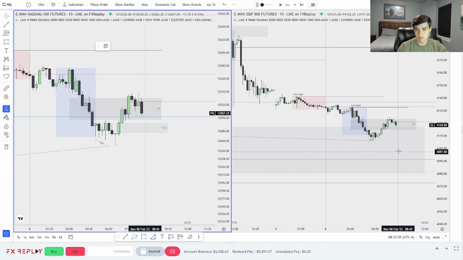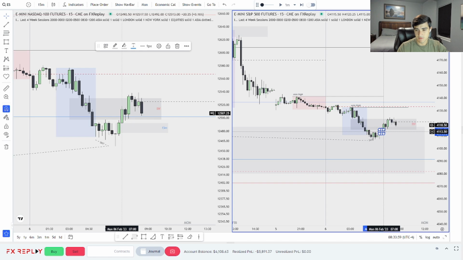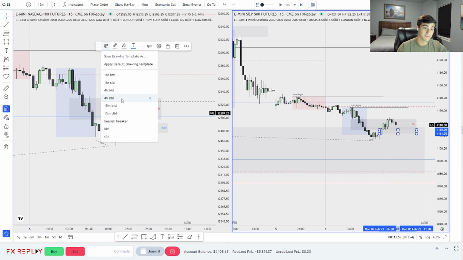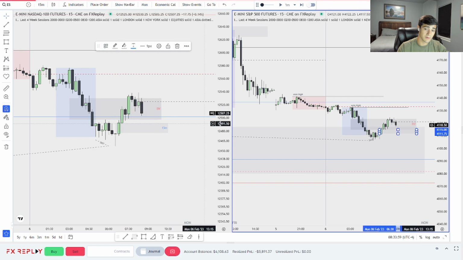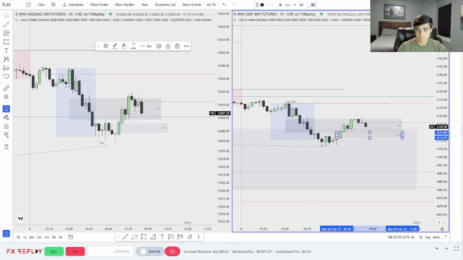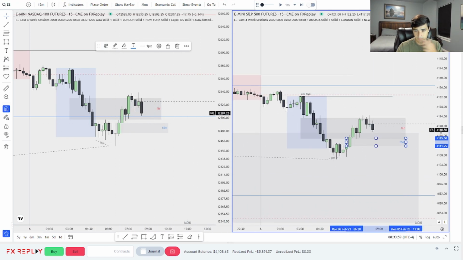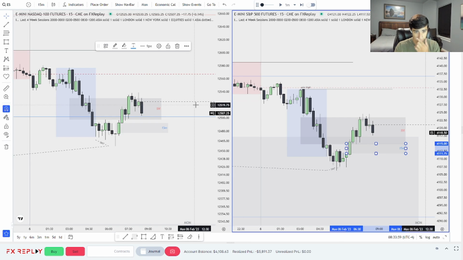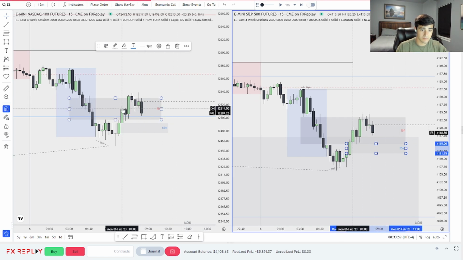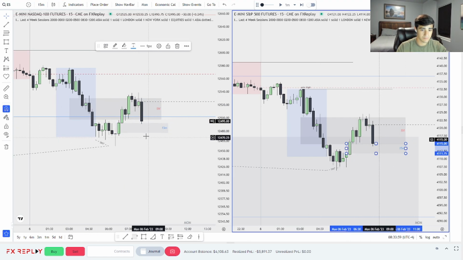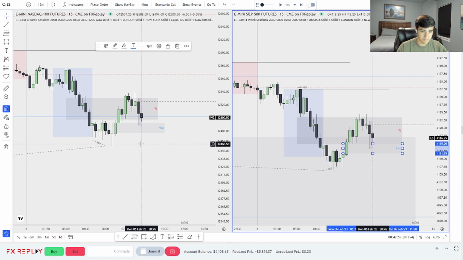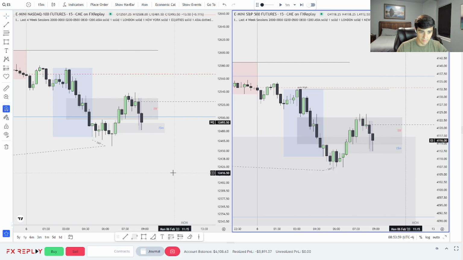15-minute. Same thing on ES. Now it's getting a bit messy. Still gotta figure that out. I'm gonna be expecting a directional move today.